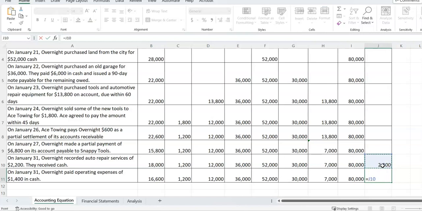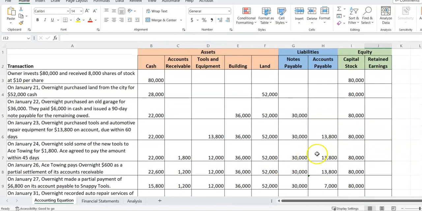So now we have $800 in retained earnings. So $2,200 minus $1,400 in expenses gives us remaining income of $800. So that's an example of how those different transactions affect different accounts. In the next video, we're going to do the financial statements.